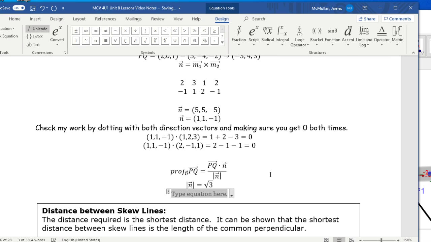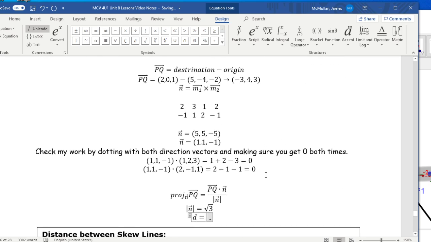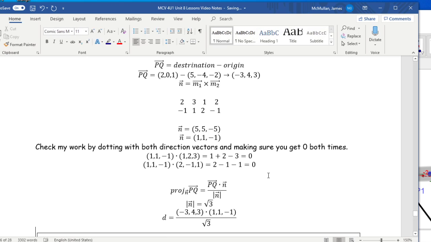So what we're going to do here is we're just going to go D is equal to PQ, which was negative 3, 4, 3. We need to dot that with 1, 1, negative 1, and then we need to divide this whole thing by root 3.